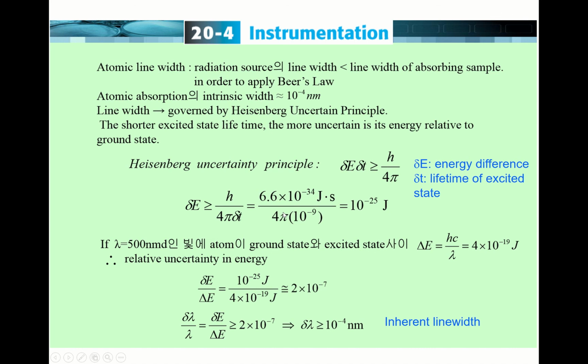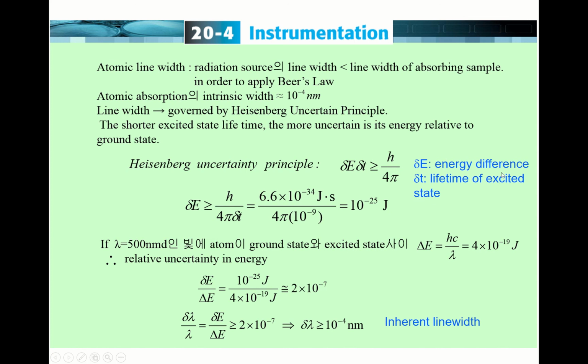Now we are dealing with the line width, and line width is related to the energy difference. The error in energy, delta E, is all the time greater than h divided by 4 pi delta t. Here delta t is the lifetime of the excited state.